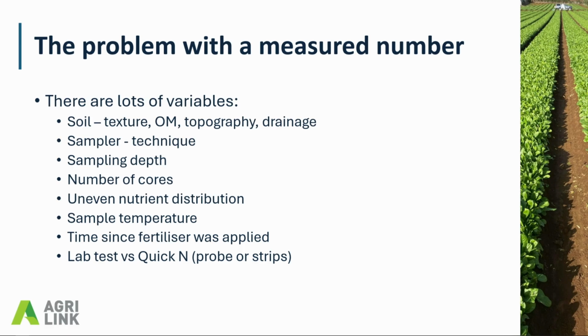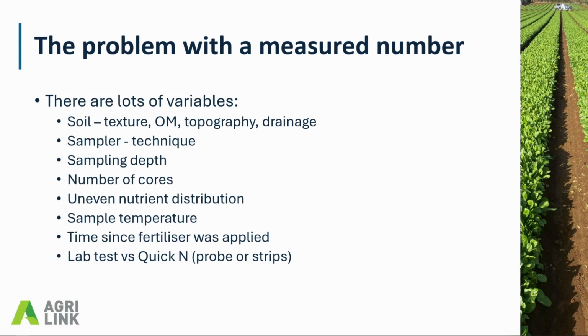I talk a lot about measured numbers, measured numbers being better than model. They're the real situation that's in front of the plant, in front of the grower at the time. But the trouble with a measured number is that there are lots and lots of variables. The soil texture, topography, drainage across the paddock, sampler technique varies, soil depth.